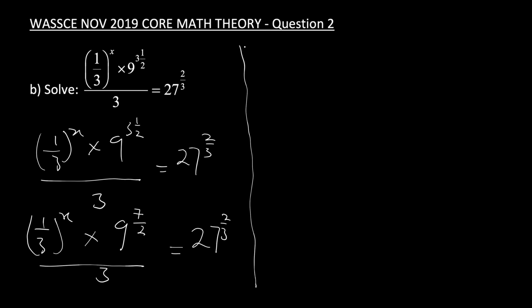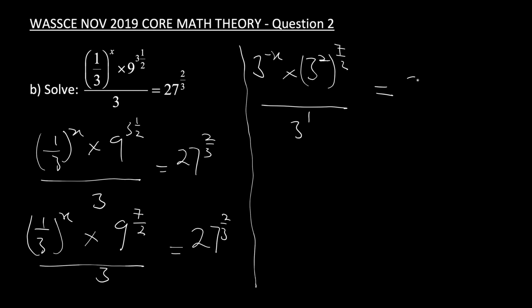Alright, so this will give us 3 raised to the power negative x times. Now 9 is the same as 3 raised to the power 2. So we have 3 raised to the power 2, all raised to 7/2, divided by 3 raised to the power 1, is equal to, so 27 is equal to 3 raised to the power 3.